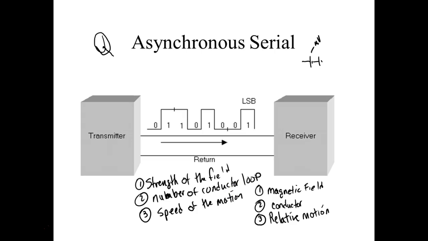Speed of the motion. Number of loops. This is the number, electromotive force, which some people call EMF. This is what we refer to as voltage.